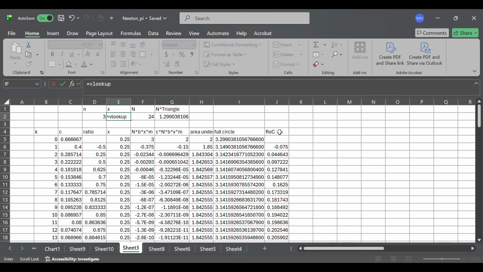So we'll use a lookup table, VLOOKUP. We'll use the value in cell D2, in table 2. And we have to remember the column. For X, it was column number 7.